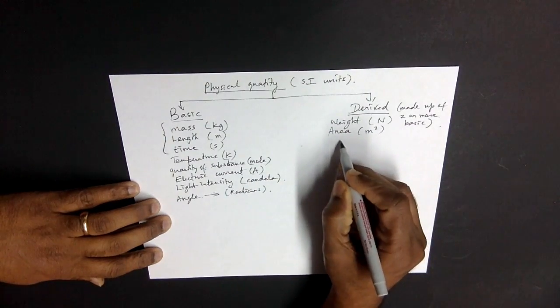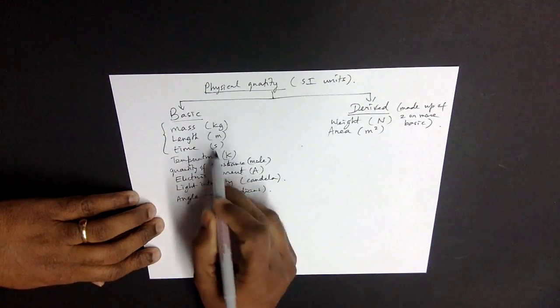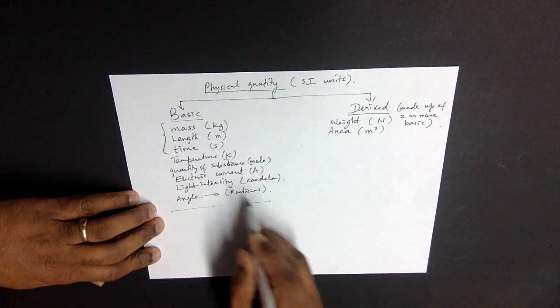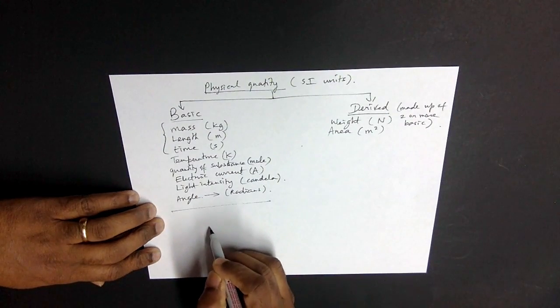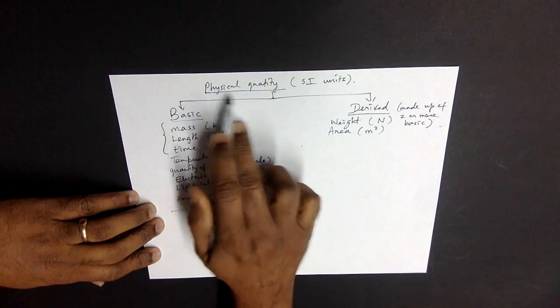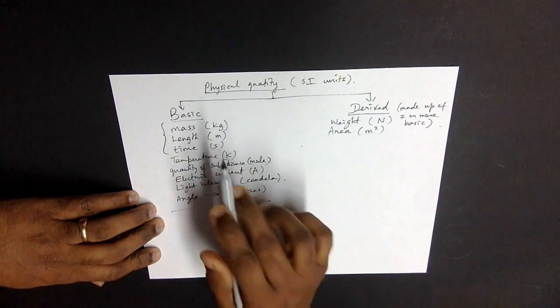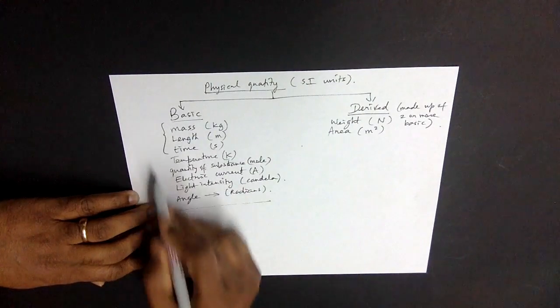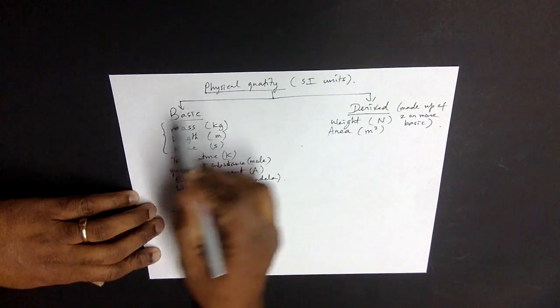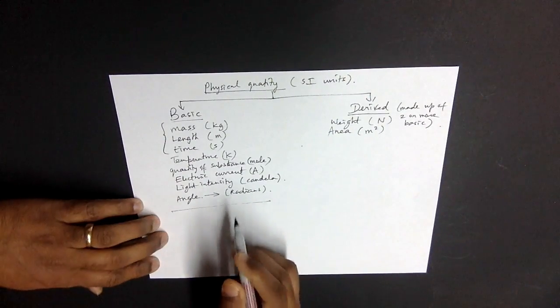Now, coming onto this side, the list is over. That's it. There's no more basic unit in any subject, whether it's biology or chemistry or anywhere. You won't find any more of these basic units and basic quantities.